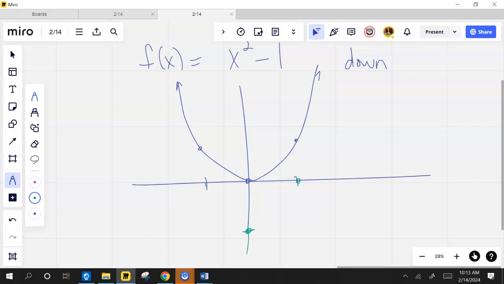Every point down 1. Every point down 1. So there's what I look like once I have shifted down. Everything. Every single point down 1. Go okay on vertical?